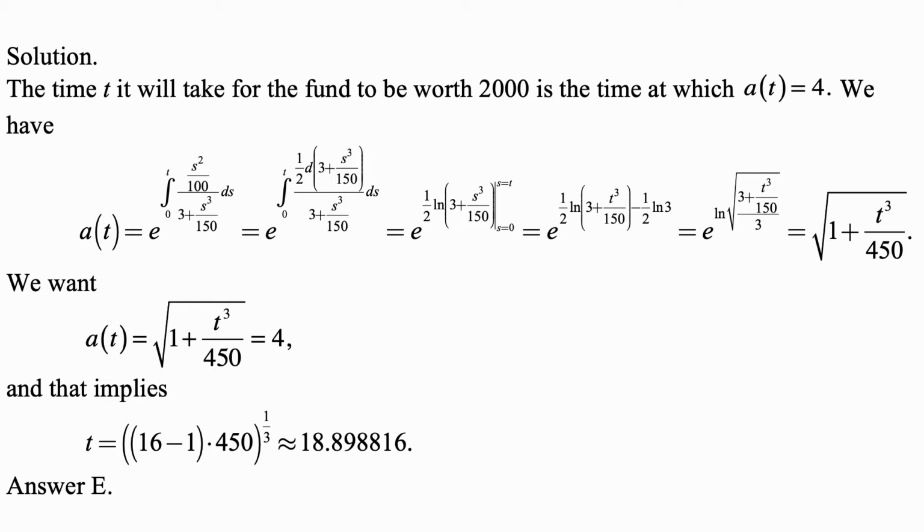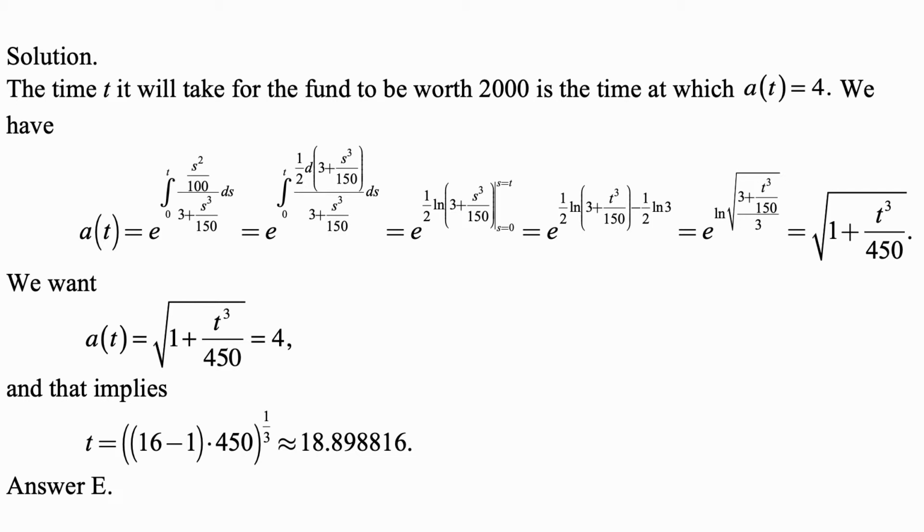And then that 1/2 can be made into the exponent of the expression that follows the natural logarithm, so that says we have natural logarithm of the square root of 3 plus t cubed over 150 minus natural logarithm of the square root of 3.